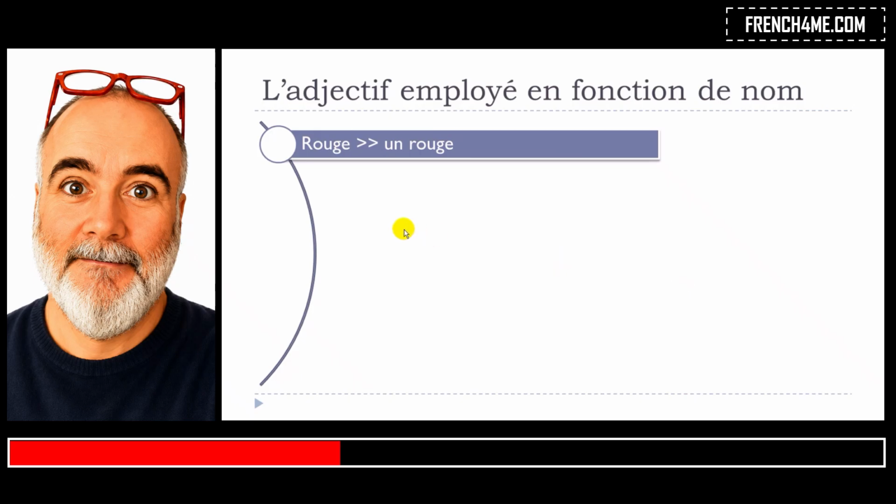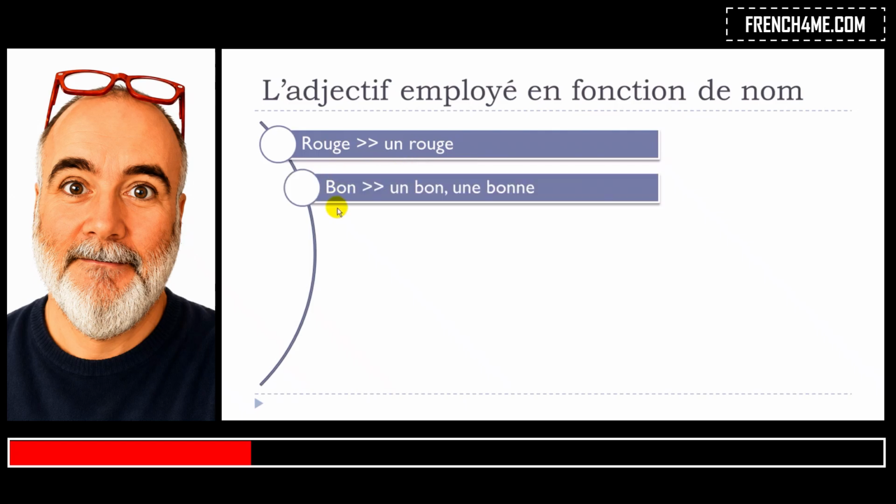So let's look now at other adjectives that will make nouns. This one is quite interesting because rouge, so we're talking about the colors, it could be green, it could be anything else, but then rouge, and in that case of course you've got only one possibility because you don't have the masculine and the feminine, so it will be masculine, un rouge.